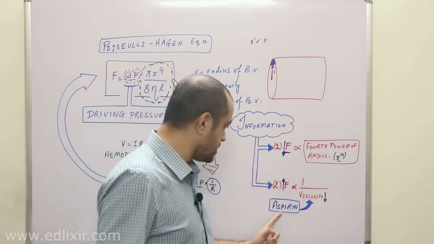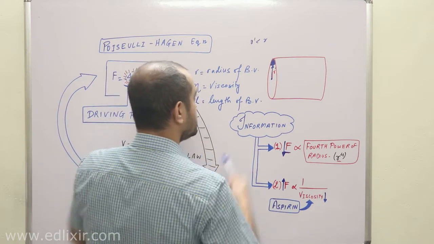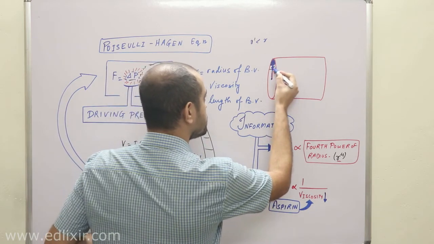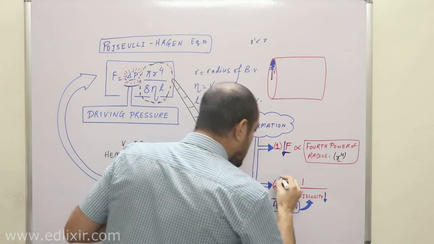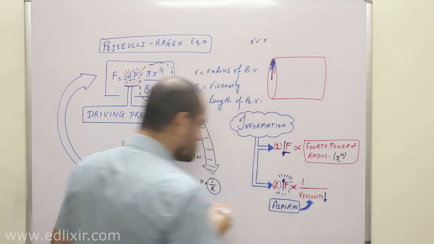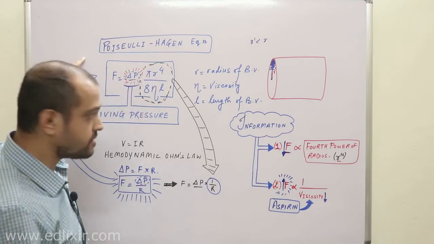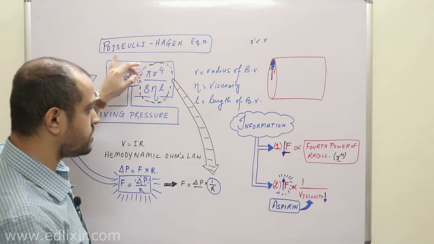Clear? Because when there is a blockage in arteries, then to maintain a constant flow of blood, you will have to follow the Poiseuille-Hagen equation. Clear? Now to maintain constant flow of blood, what will you have to do?